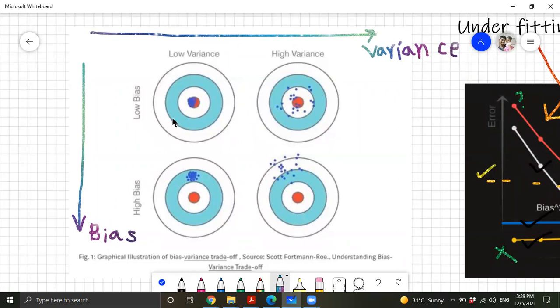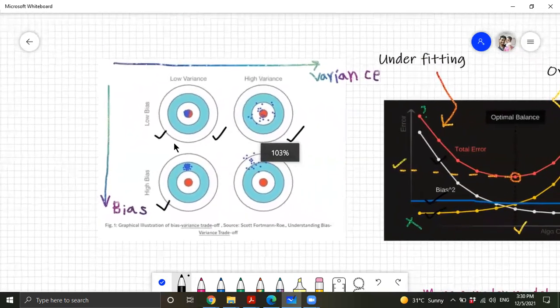You can see when there's low bias and low variance, the data set will look like this. When the variance increases, just compare this picture and this picture, the spread will be high. And now look at this picture and this picture: when the bias increases, it will move. That means the mean point will be moved. That's the bias and variance, right?